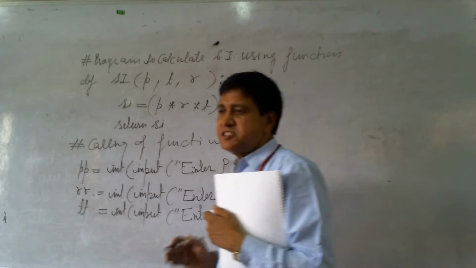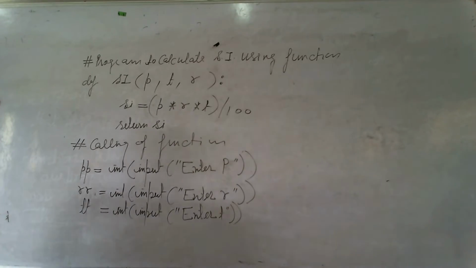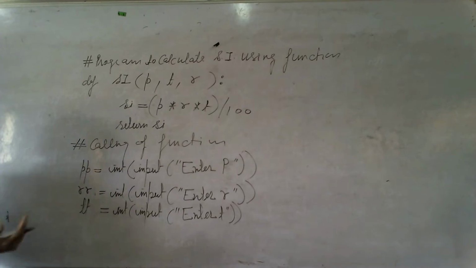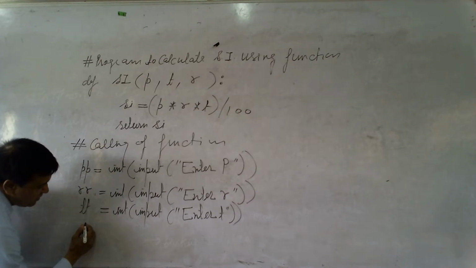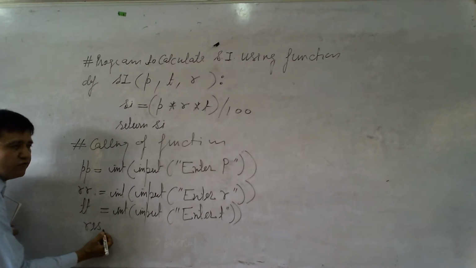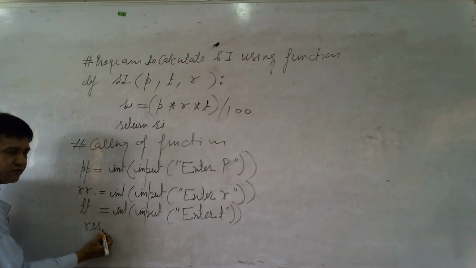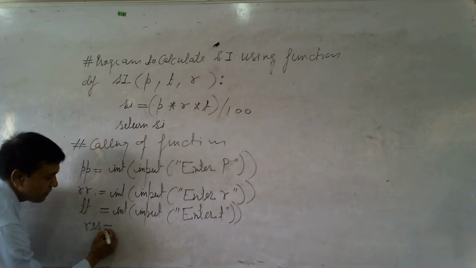On the basis of these three parameters, we are calculating the value of simple interest. Now, calling the function. I am using a variable res to receive the value of simple interest, which is calculated by the simple interest function.